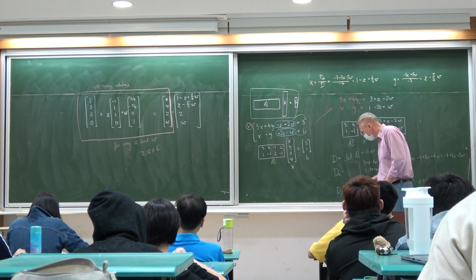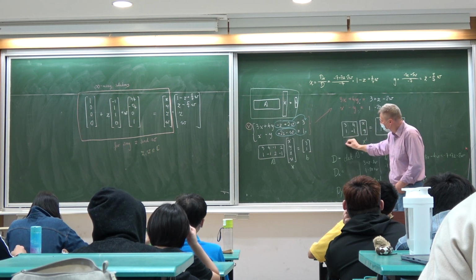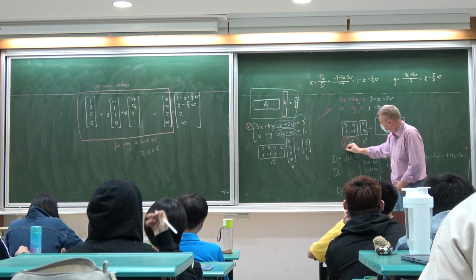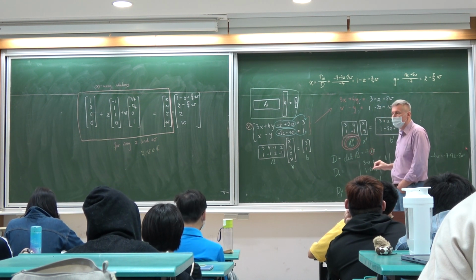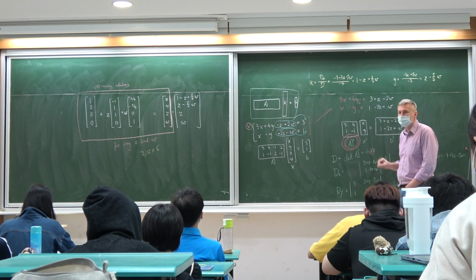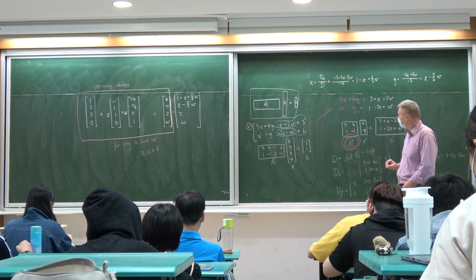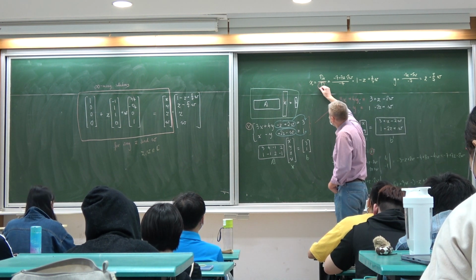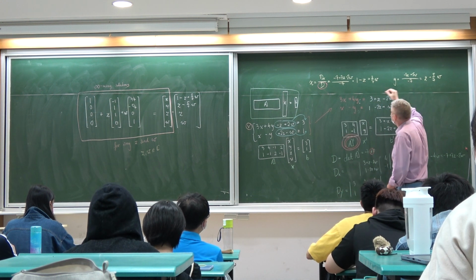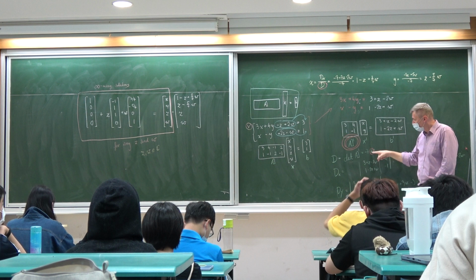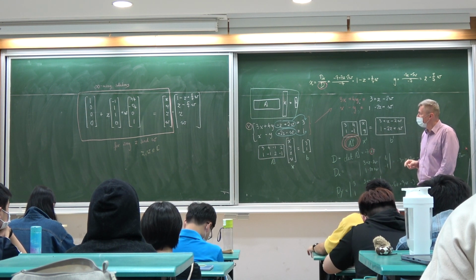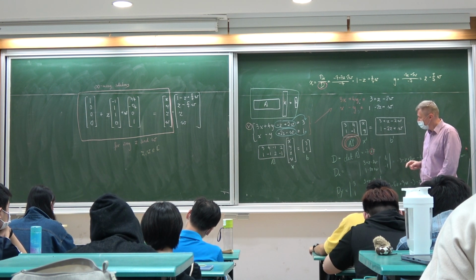What is important is that the new matrix here, A prime, is non-singular. That you can invert. That's the important part. That you can later divide by this. If that would be 0, this D, you would have problems. So important is that the new matrix A prime that you get is non-singular.